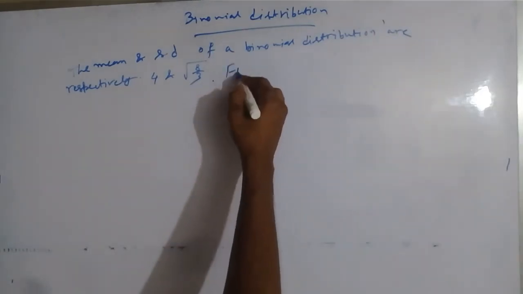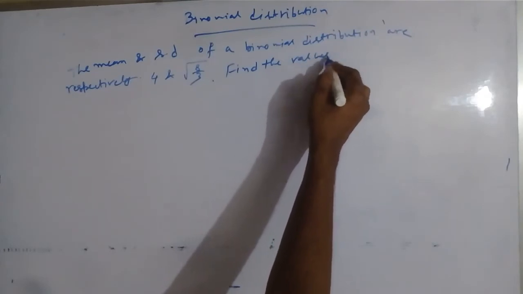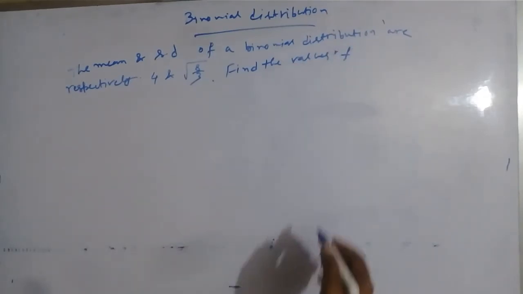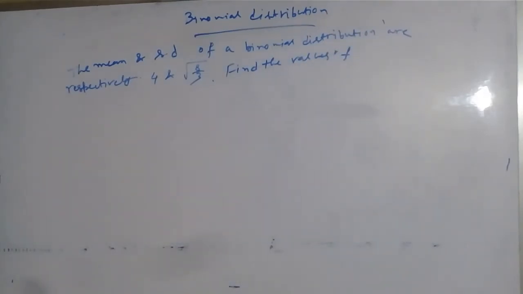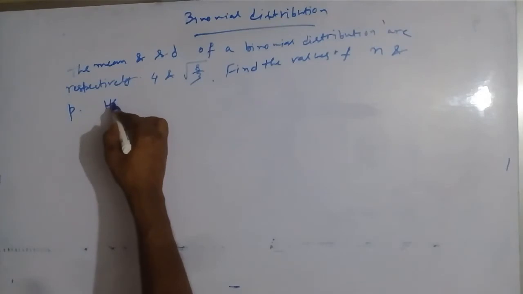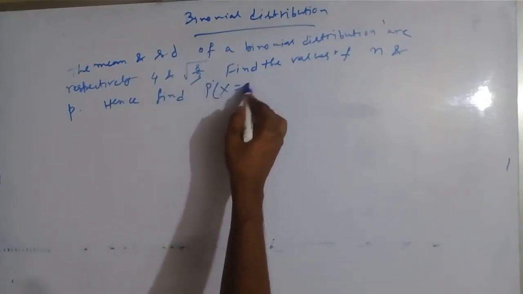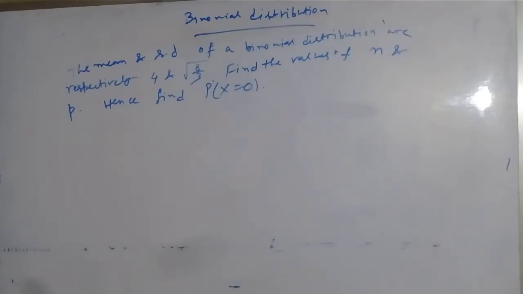Find the values of n and p, hence find the probability of x equal to 0.